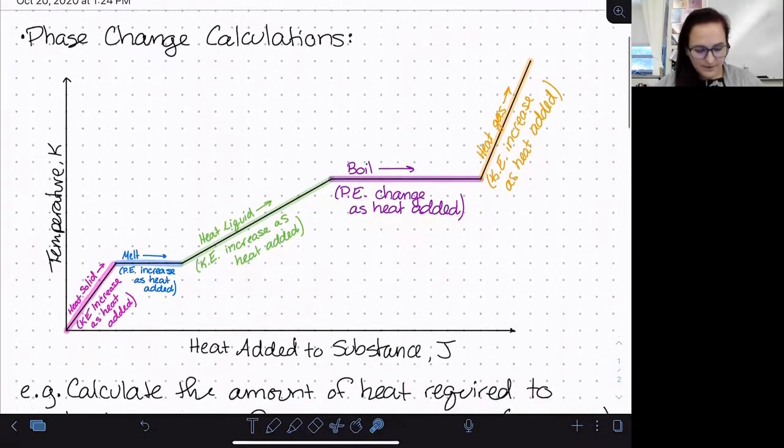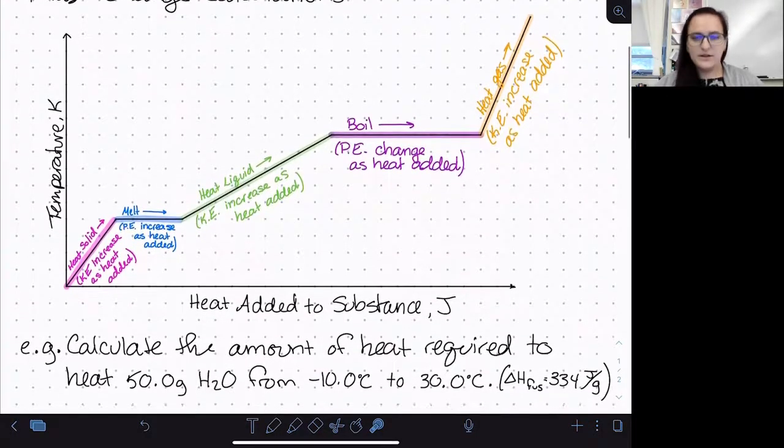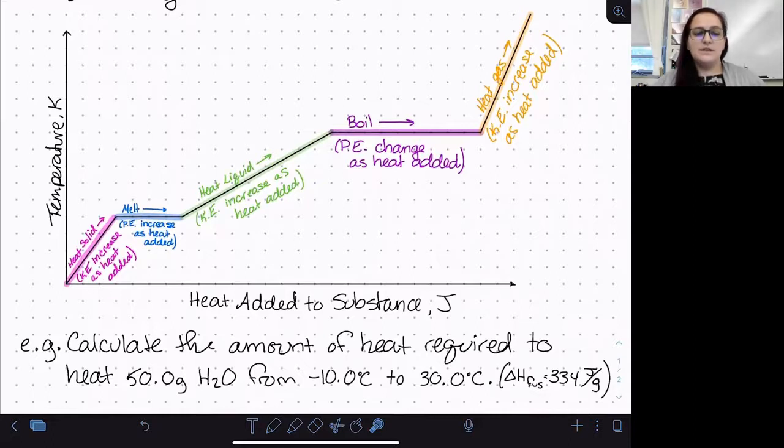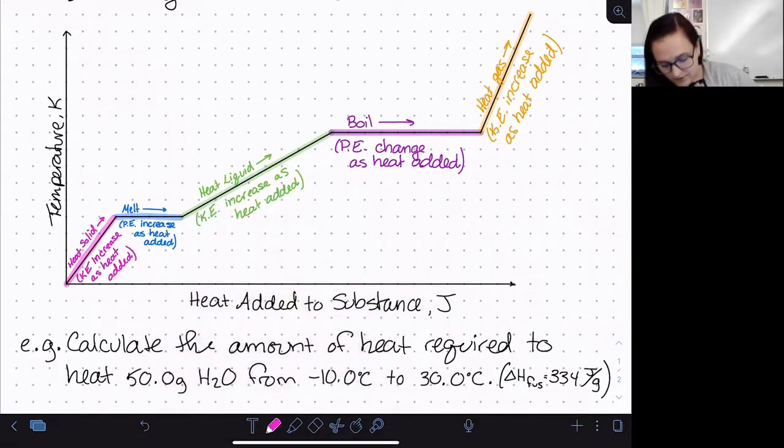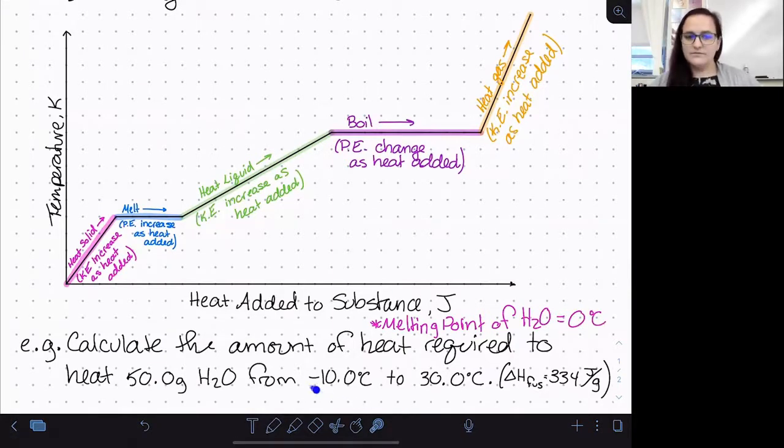So for example, we may want to calculate the amount of heat required to heat 50 grams of water from negative 10 degrees Celsius to 30 degrees Celsius. So if we keep in mind that the freezing point, melting point of water is 0 degrees, we can see that we're starting below the freezing point of water in this problem and we're ending up above it.